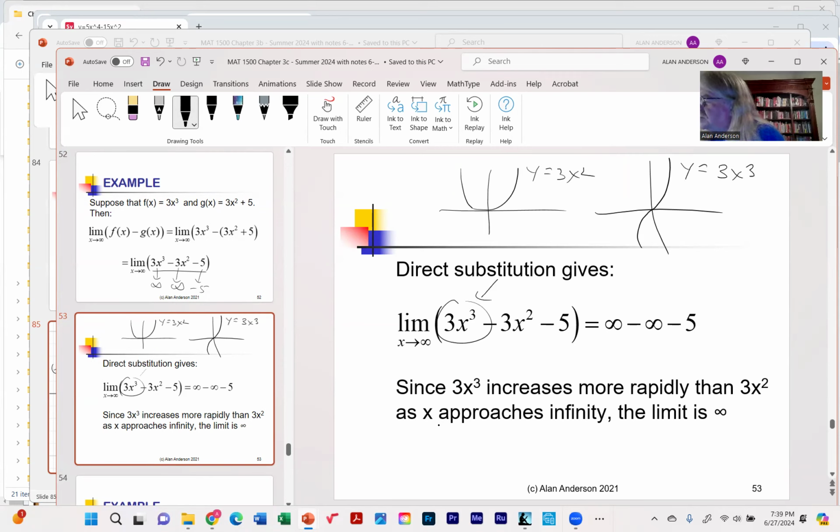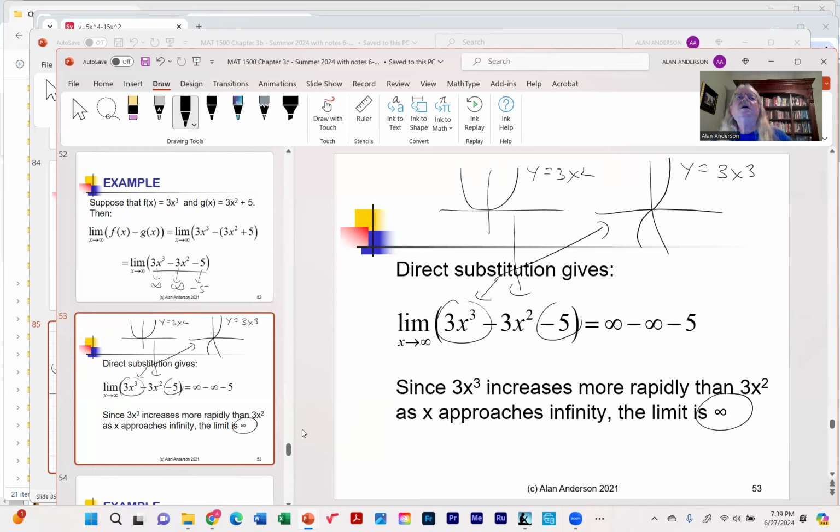So because this comes first, and this is just a constant, that means we can conclude from this that even though it's infinity minus 5, the difference between the two is approaching infinity, not negative infinity. Okay, so we end up with infinity because the smaller one is being subtracted from the larger one.